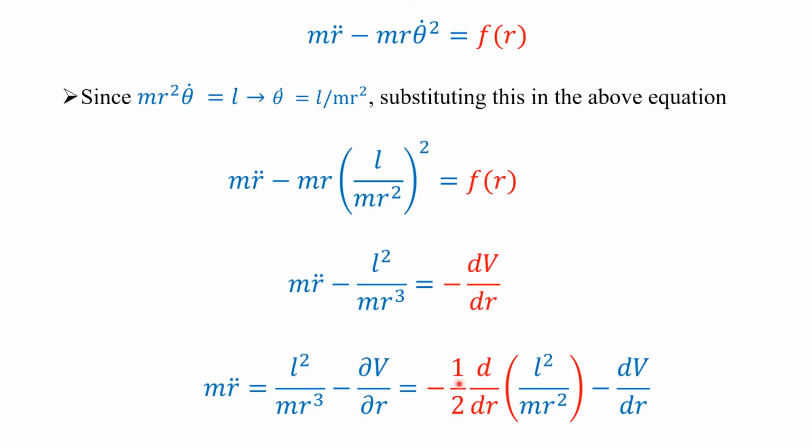The first term can be written as minus d by dr of L squared over 2 m r squared.